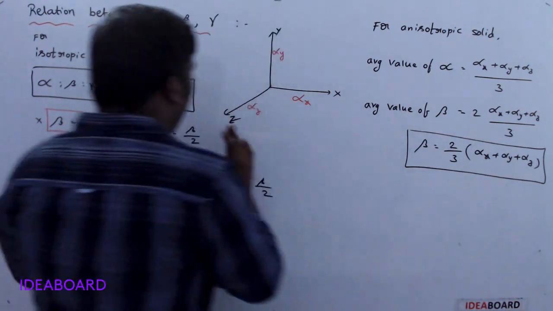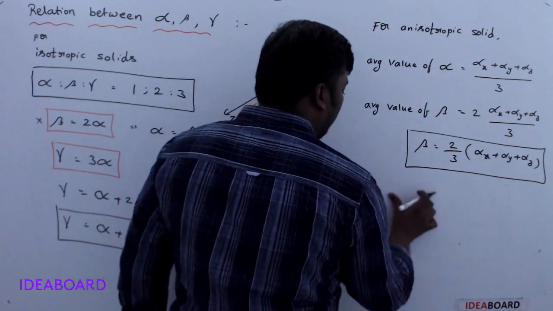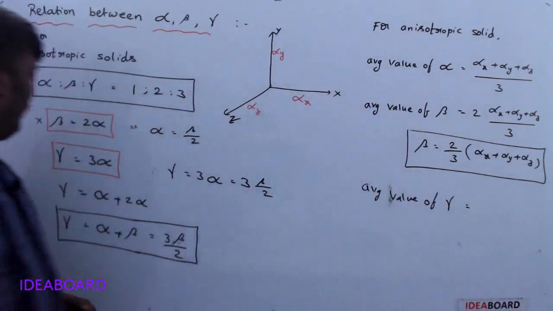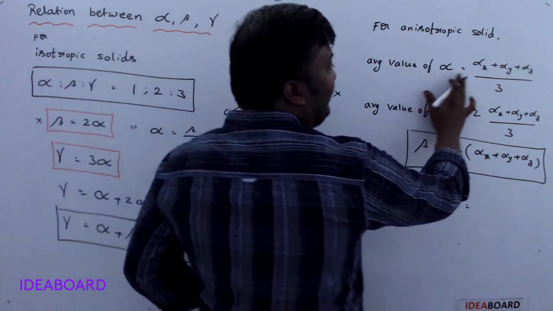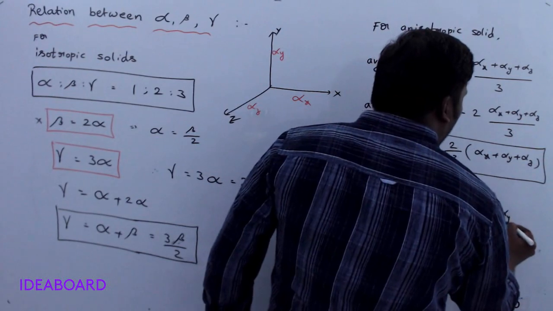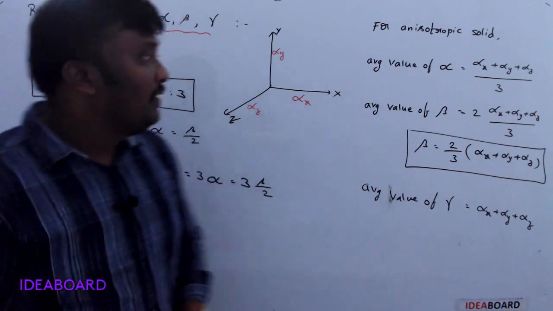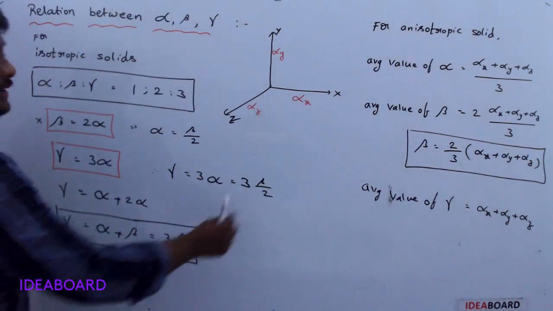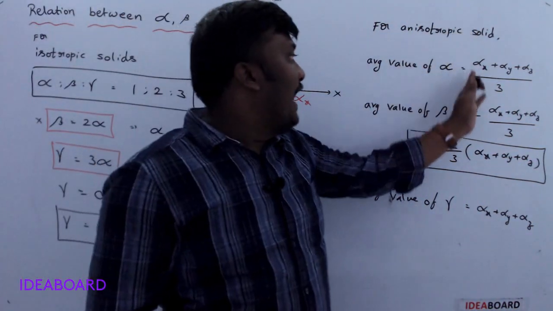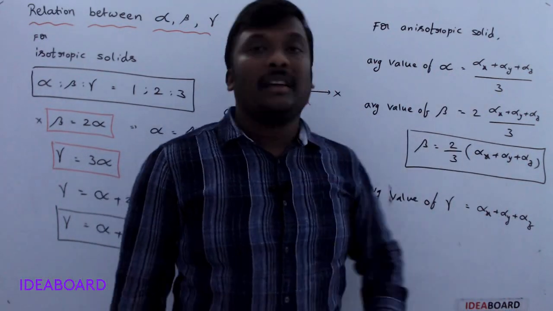Clear? Now, if you want it in cube, that means the average value of gamma. The gamma formula is 3 alpha. Multiplied with 3, then the 3 cancels, and the value of gamma becomes alpha x plus alpha y plus alpha z. So for isotropic solids these are the formulas, and for anisotropic solids we have different formulas for the average values of alpha, beta and gamma.